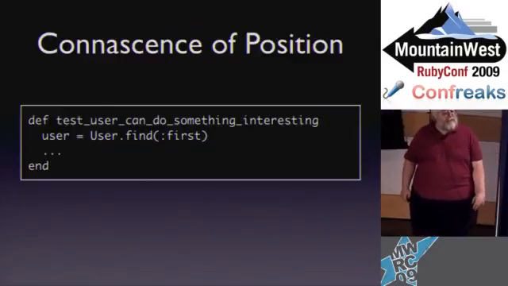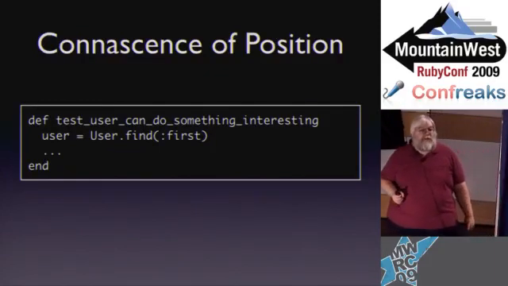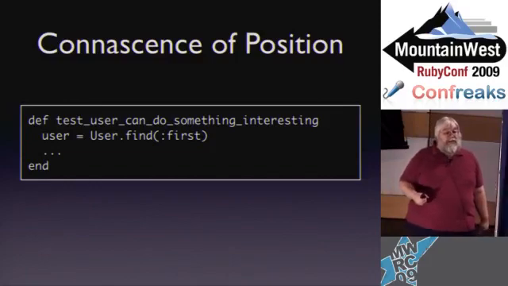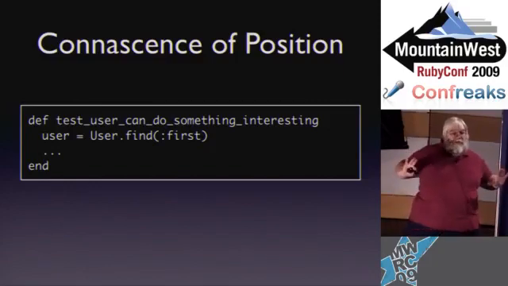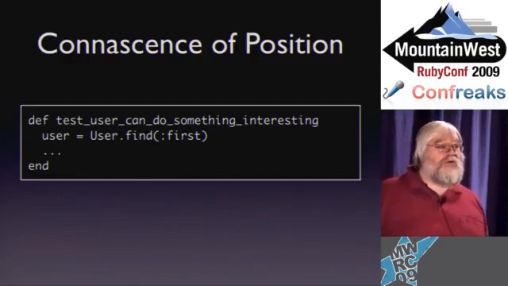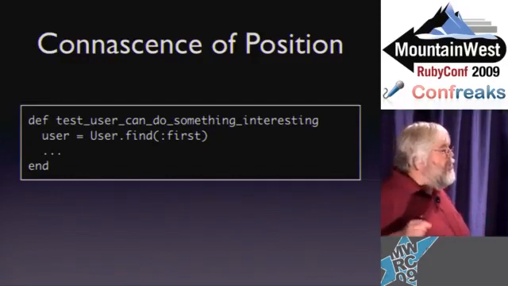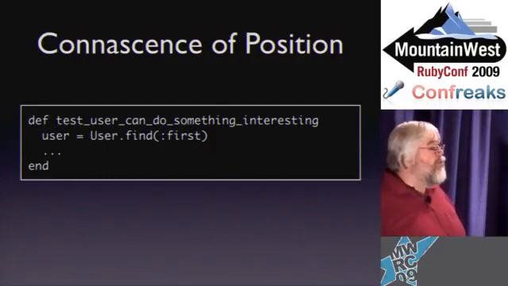Another example of connascence of position is a little oddball. This caught me last year sometime. We had a bunch of unit tests that went and grabbed an arbitrary user from our fixture data. Well, fixtures are bad anyway, but despite that, this worked great until we introduced the concept of roles into our users, that certain users were allowed to do certain things that others weren't.